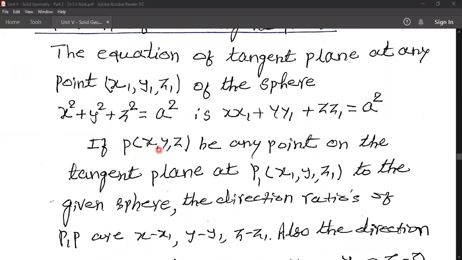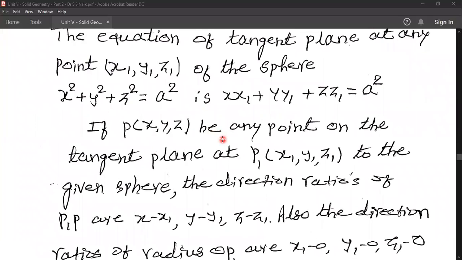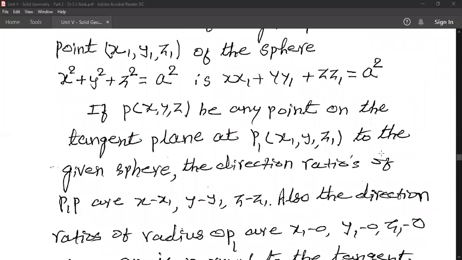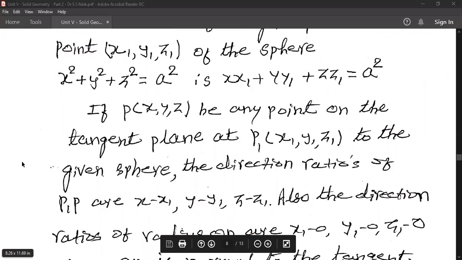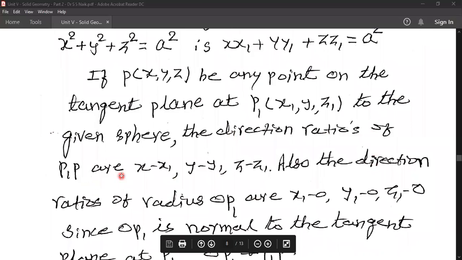If P(x, y, z) be any point on the tangent plane at P1(x1, y1, z1) to the given sphere, the direction ratios of P1P are x minus x1, y minus y1, z minus z1, that is, the difference between the point P and the point P1.